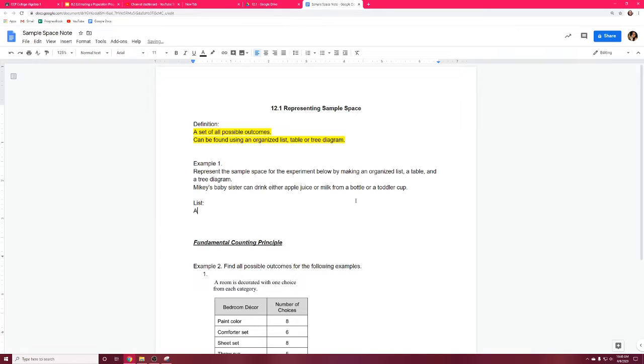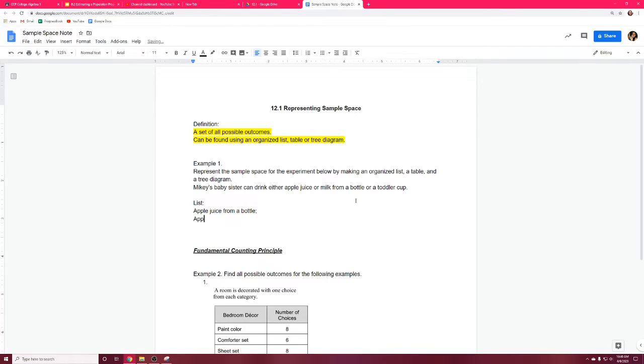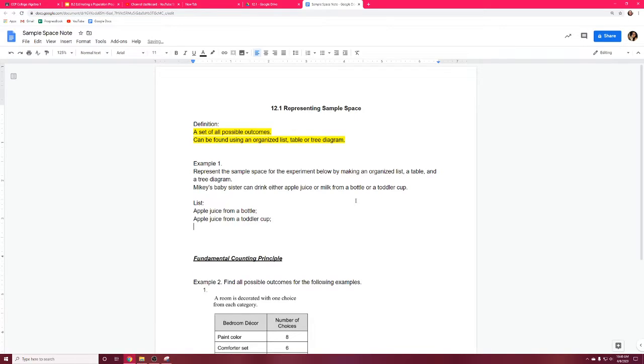Mike's baby can drink apple juice from a bottle. He can also drink apple juice from a toddler cup. He can drink milk from a bottle.